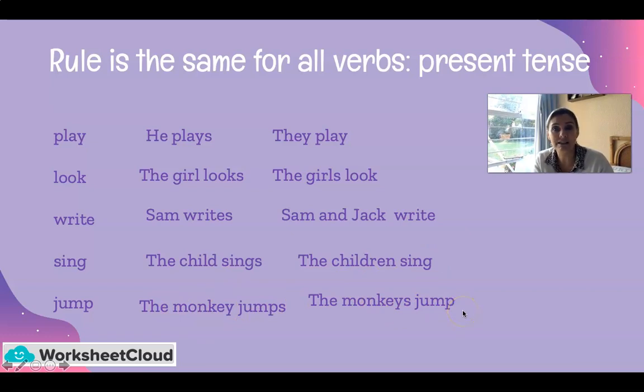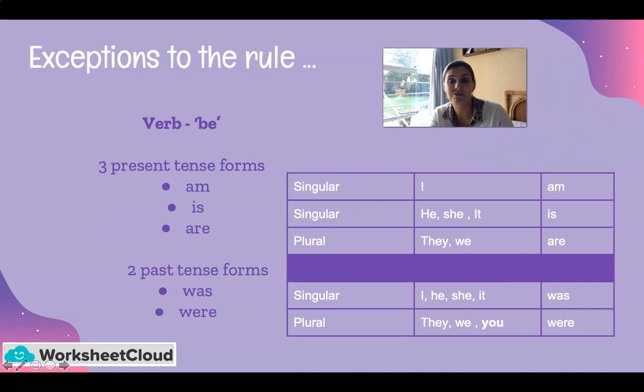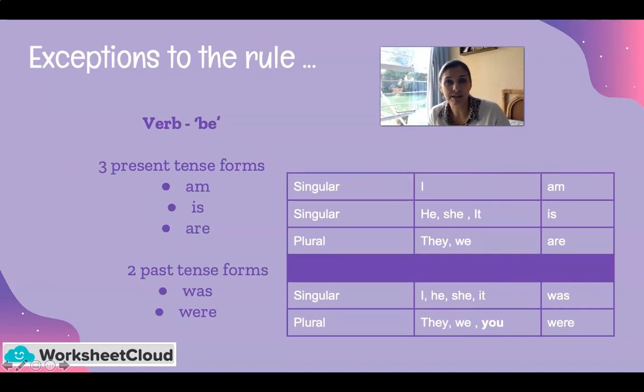Okay, so this subject-verb agreement applies in the present tense for all your verbs except one, and it's this one: be, the verb be, if you are something. So we know that all our other verbs have two tenses.